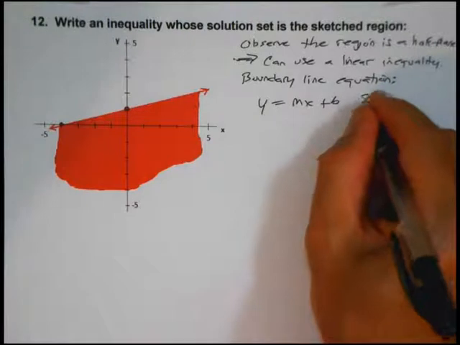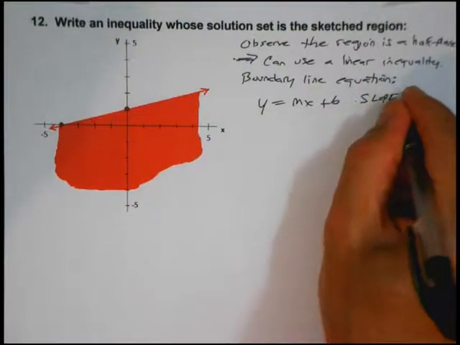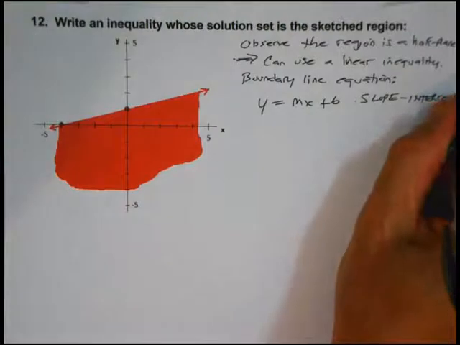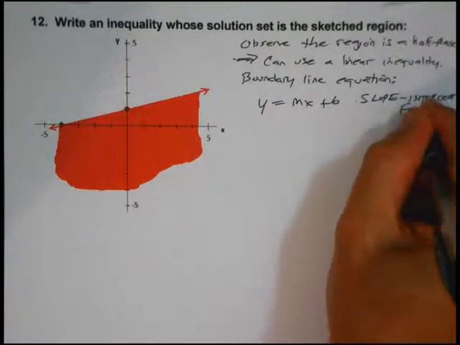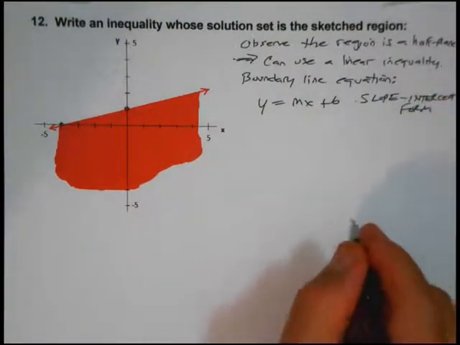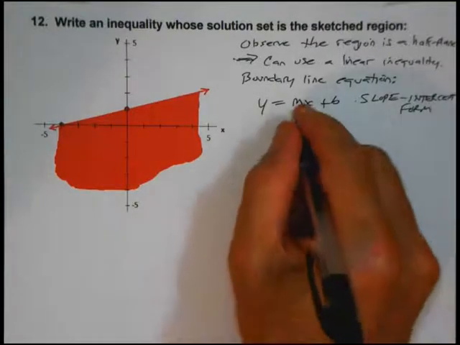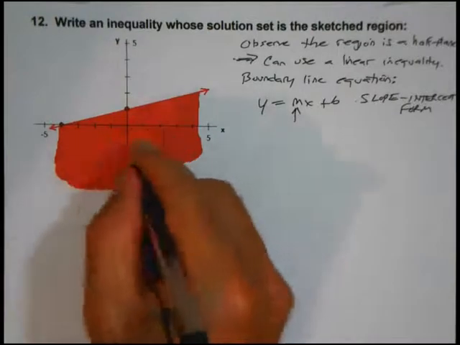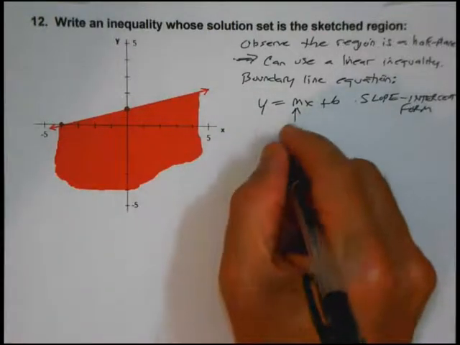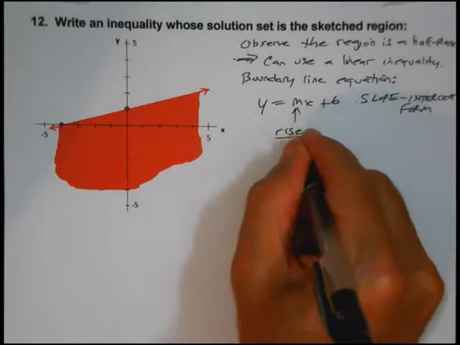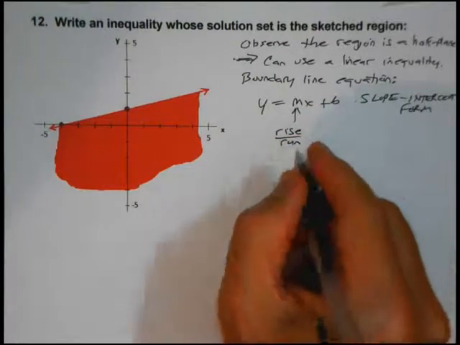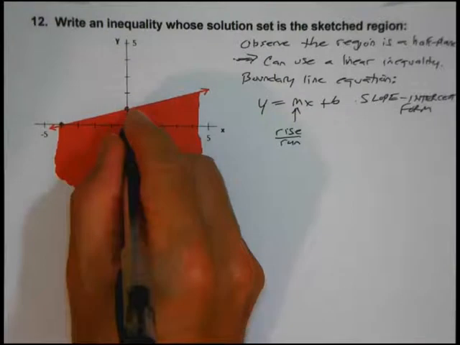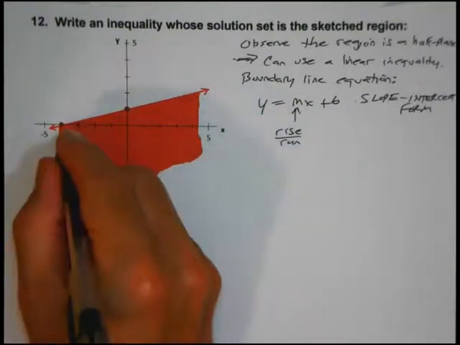That's slope-intercept form. Alright, let's try to obtain m. m is the slope. In terms of this graph, we can think of slope as being rise over run. As we move along the graph left to right, we have these two very clear points we can use for the basis of rise over run.